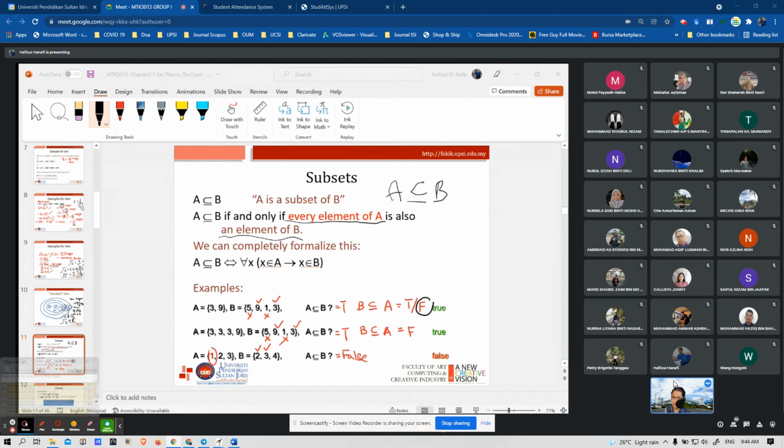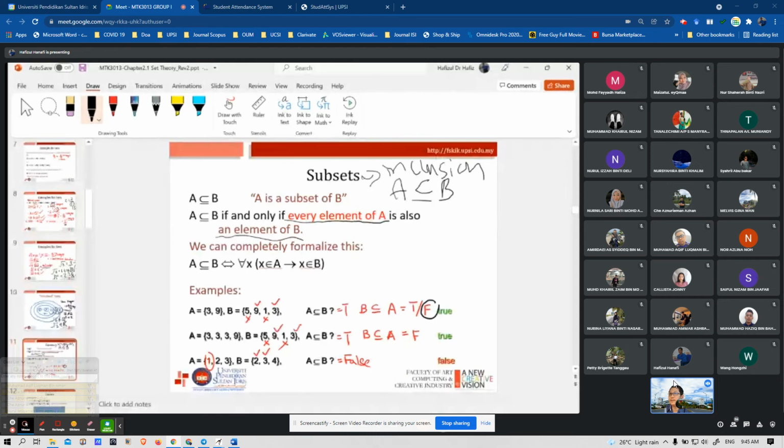If they are unequal, then A is a proper subset of B. The relationship of one set being a subset of another is called inclusion. For example, we have A as 3, 9 and B as 5, 9, 13.